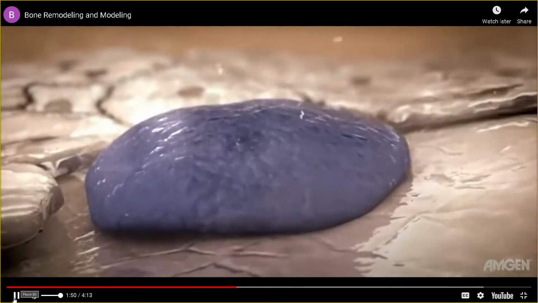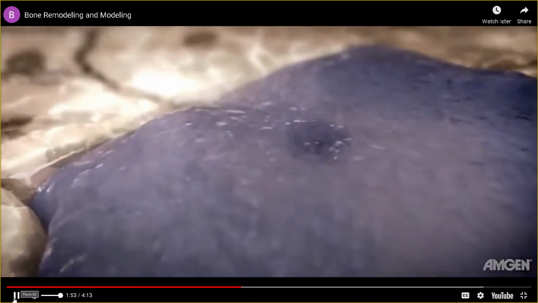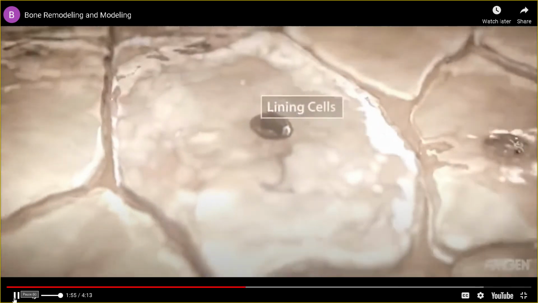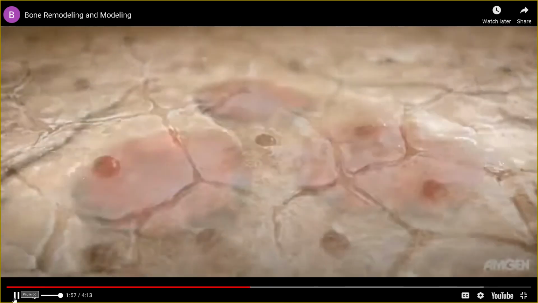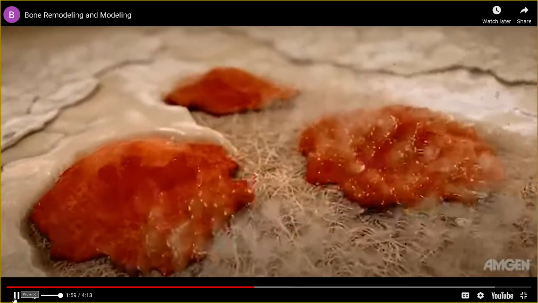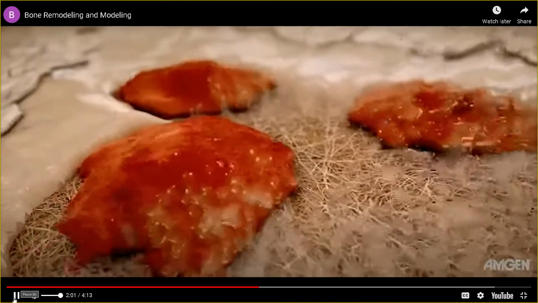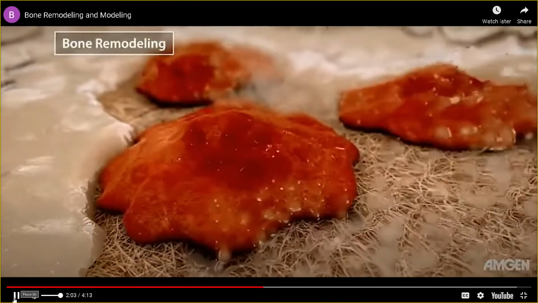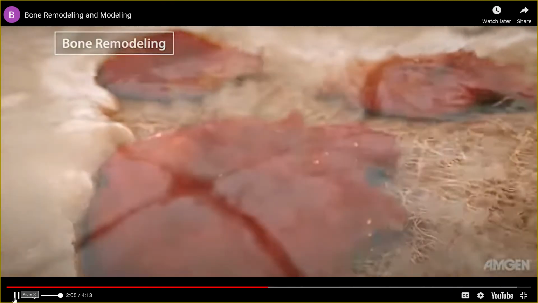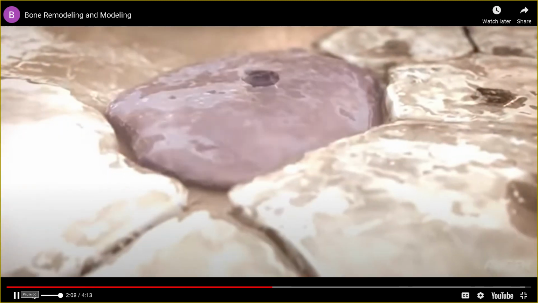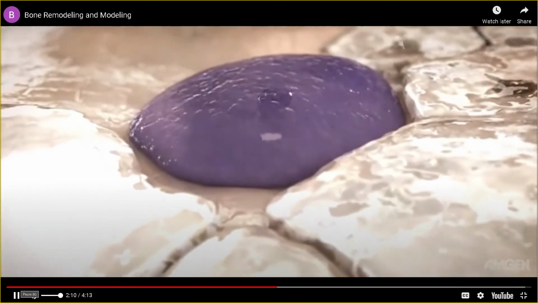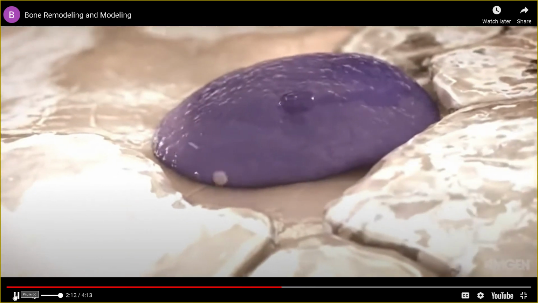Other osteoblasts will undergo apoptosis or will revert back to lining cells which cover the surface of bone. This cycle of bone resorption and formation is referred to as remodeling. There is also a process where bone formation by osteoblasts occur without prior bone resorption by osteoclasts.